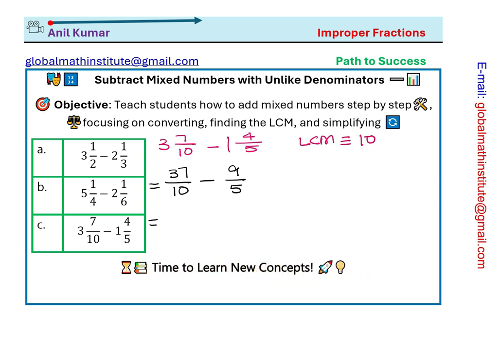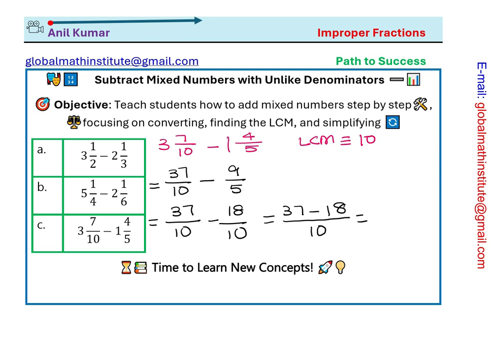Correct. Let's convert 9 over 5 by multiplying by 2, right? 18 over 10. Great. Now here we can do, 10 is the common denominator. I prefer to write together like this. And 37 you could write separately also as it is already written. Correct. So 37 minus 18, right?